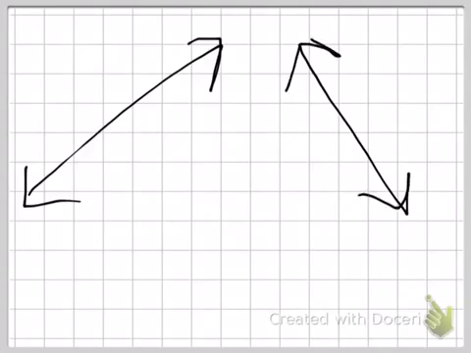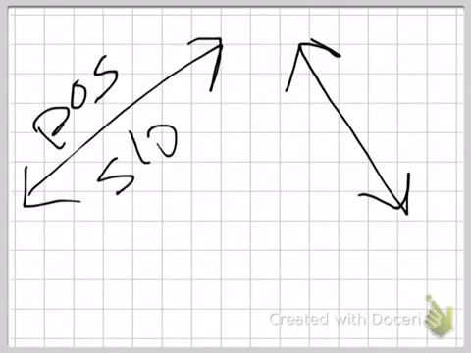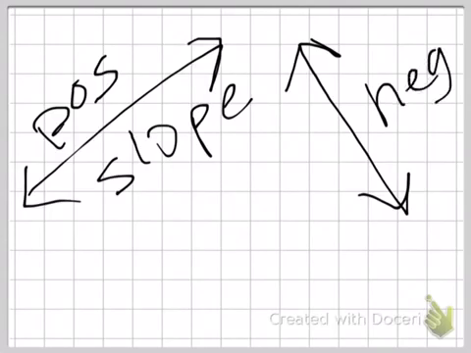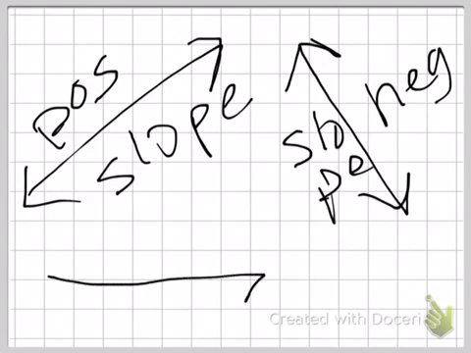If we read from left to right, the line, this line has a positive slope, because if we read from left to right, the line rises. This line has a negative slope, because if we read from left to right, the line falls. This here has a slope of 0.